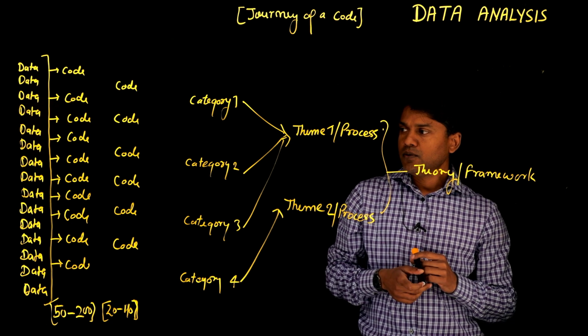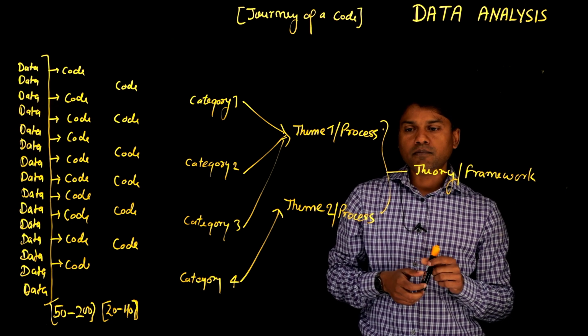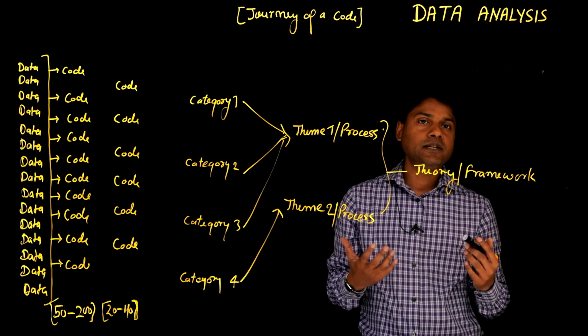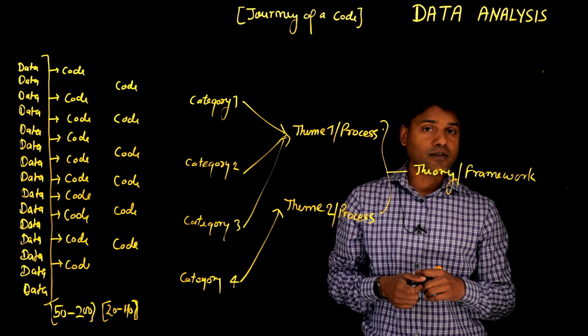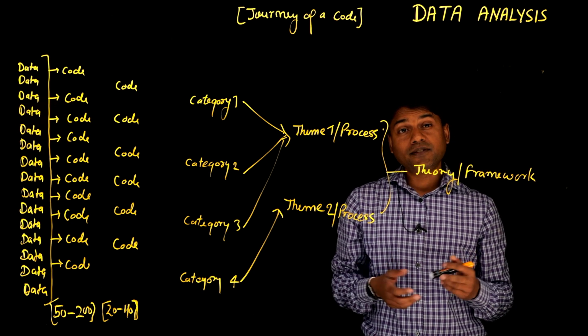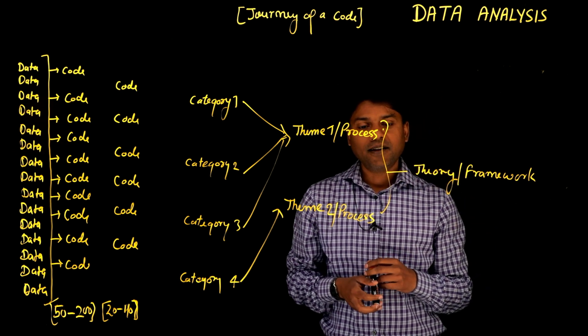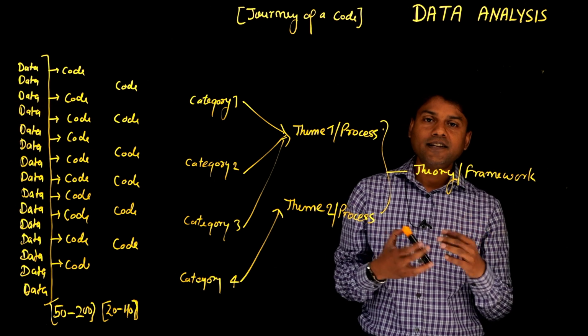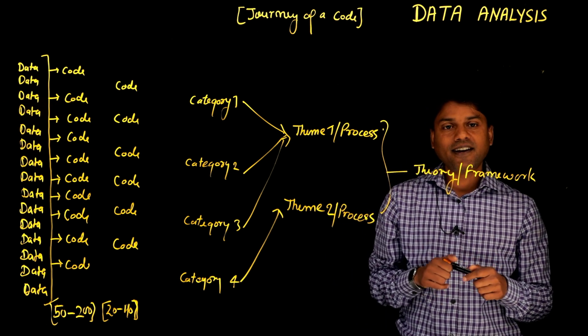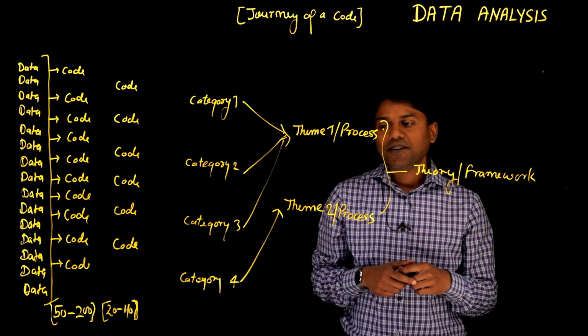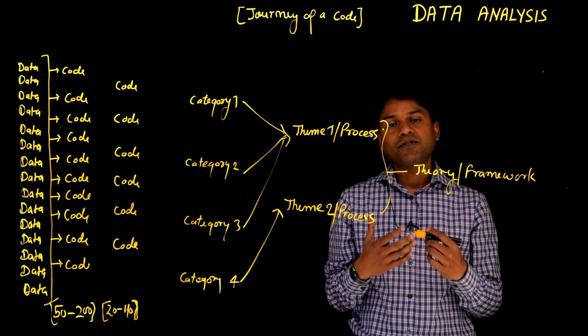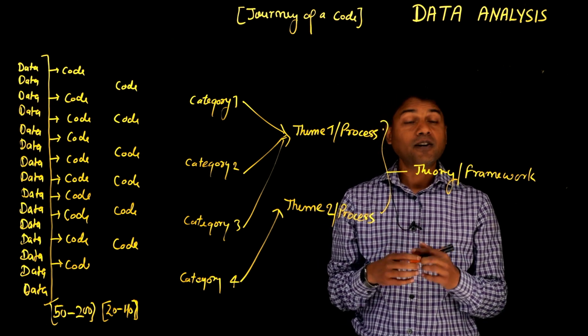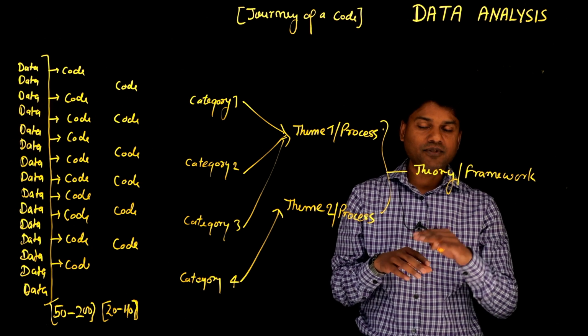So in this video, let's do a recap. We talked about the interpretive nature of the coding process. If you are a new researcher, I can understand there is some anxiety about coding the data, like how is it going to come out? But it's an interpretive process, not completely subjective, but it has subjectivity involved.